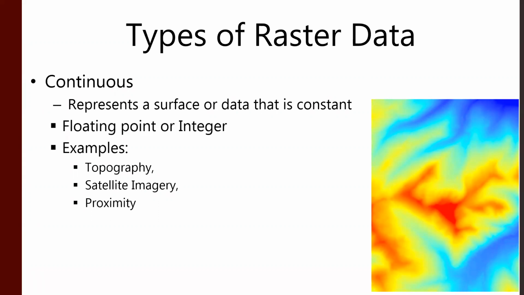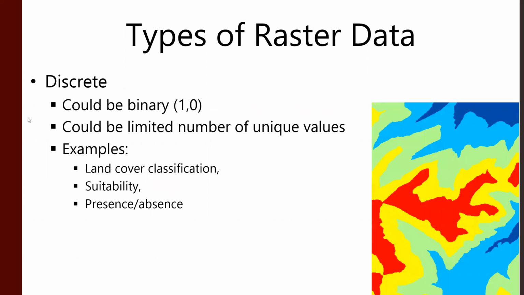Any of these different types, topography, rainfall, precipitation, satellite imagery, proximity to something, think of a bunch of other stuff, are continuous data. Well, raster data can also be discrete. It can be limited to a set of values, or it can be classified. It could be classified down to binary data. Yes and no, good or bad, suitable or not suitable.